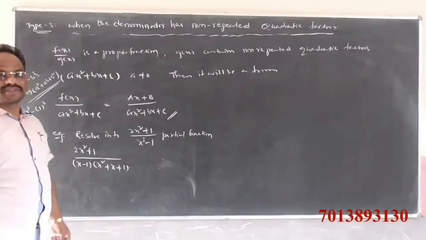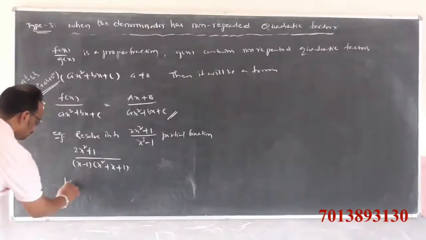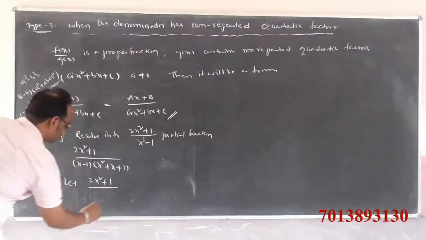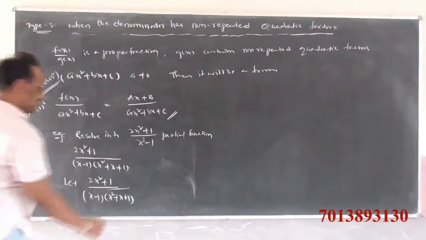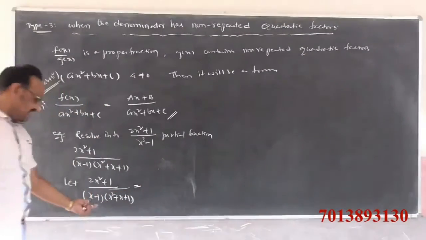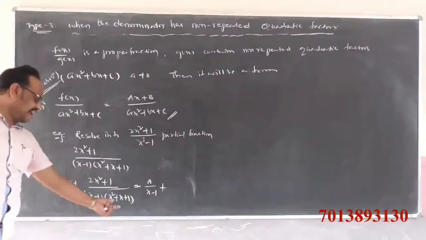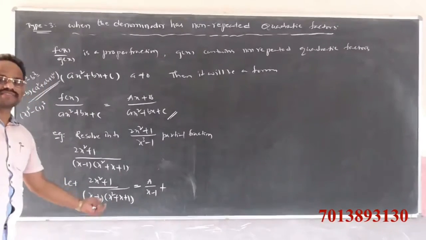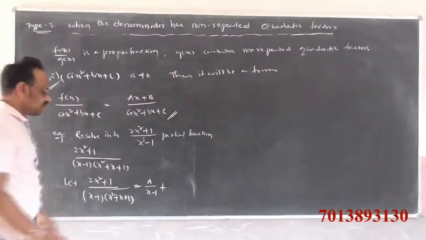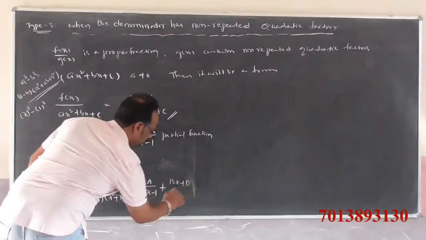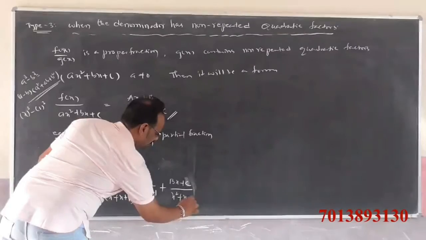This type of equation, how to resolve into partial fractions: let us assume that this can be written as 2x square plus 1 by x minus 1 into x square plus x plus 1, equals, it has one linear factor, so a by x minus 1, plus it has a quadratic factor, so this can be written as bx plus c by x square plus x plus 1.